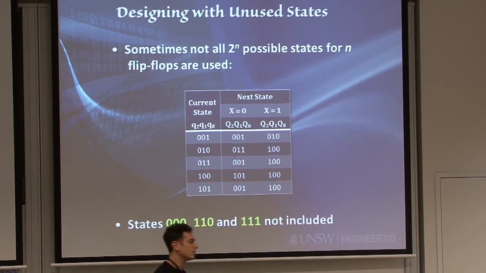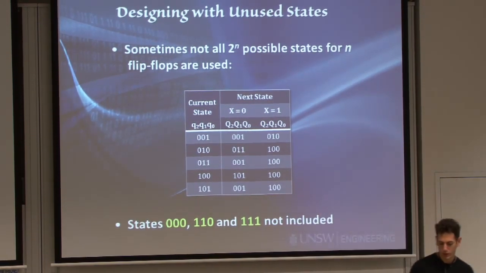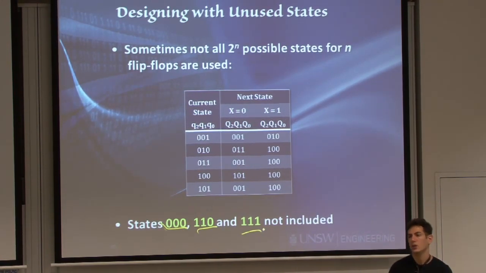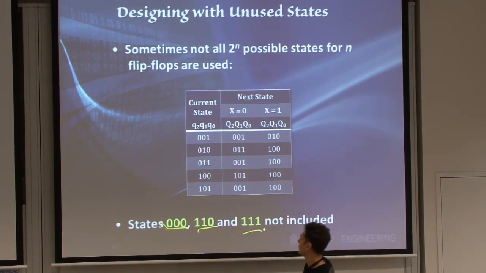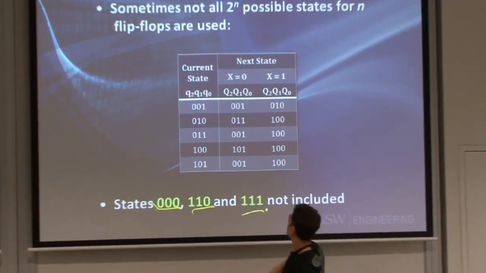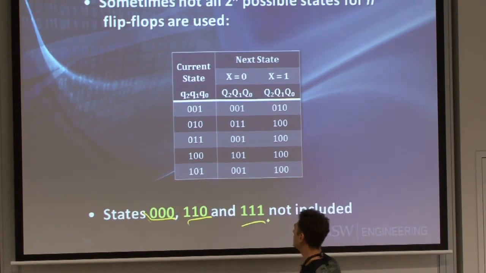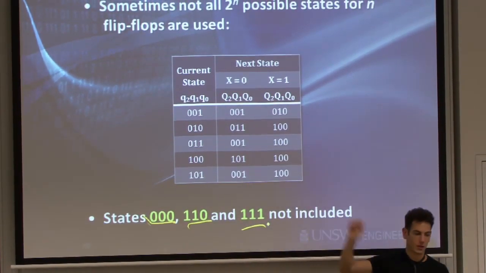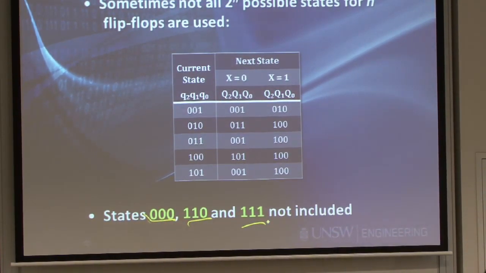We will need 3 of them, but we don't need all 8. So there are a few states, 000, 110, and 111, that are not actually playing part in this machine. As you can see, none of these states try to transit to any of those unused states. They all stay within their own states there.